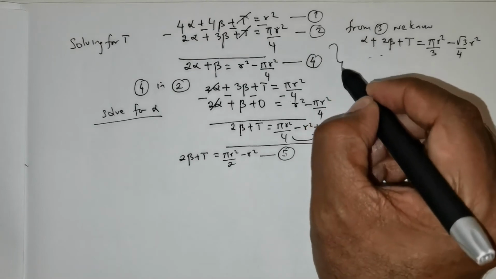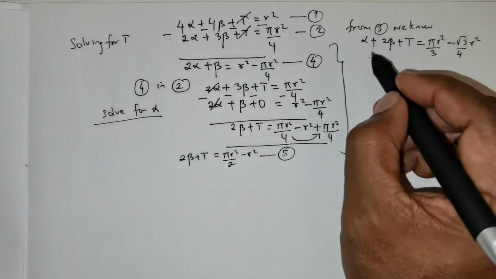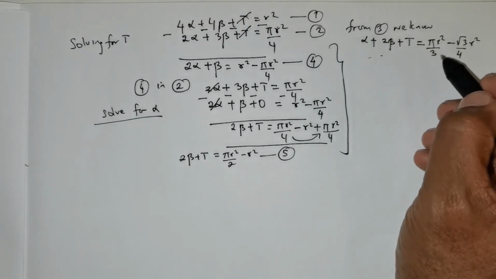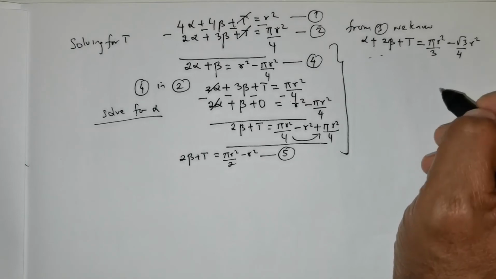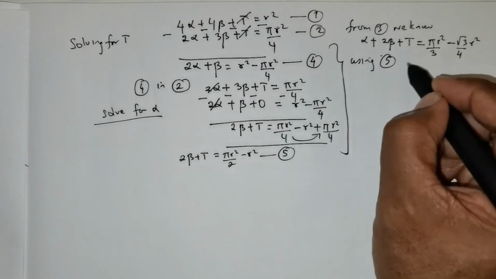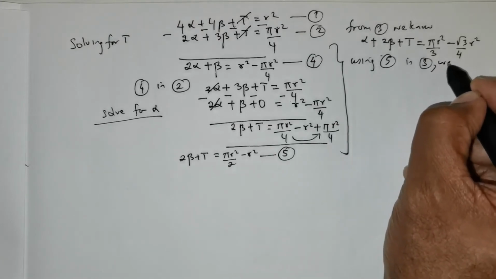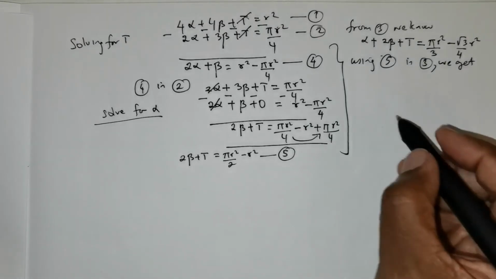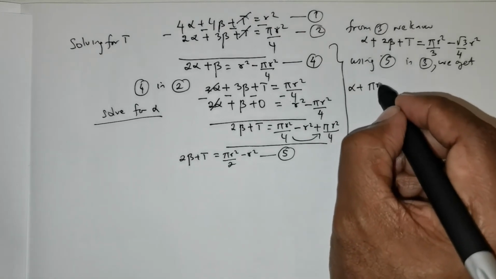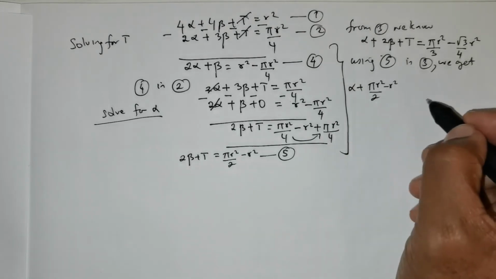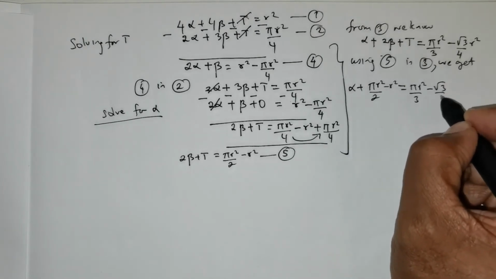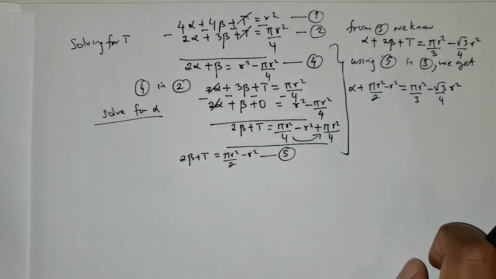Now I already mentioned to you that 3 is alpha plus 2 beta plus t is equal to pi r squared over 3 minus root 3 over 4 times r squared. So I would be using 5 in 3, and that would give us, in the place of 2 beta plus t, pi r squared over 2 minus r squared, which is equal to pi r squared over 3 minus root 3 over 4 times r squared.